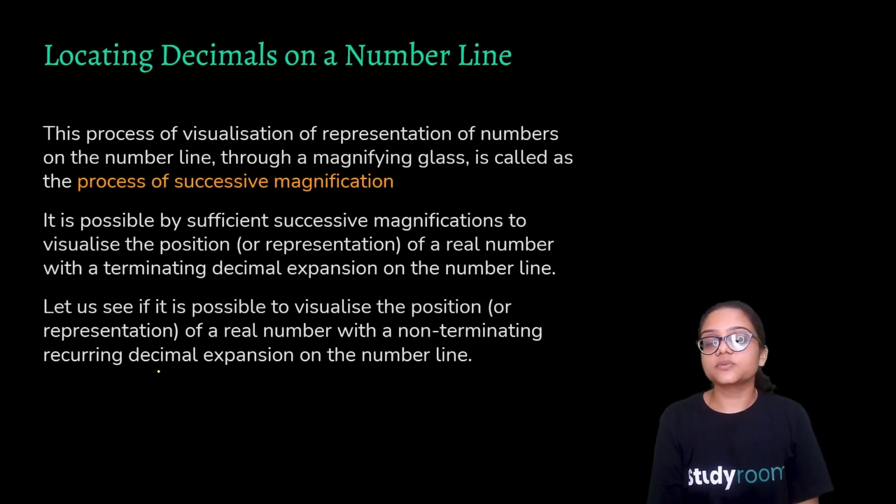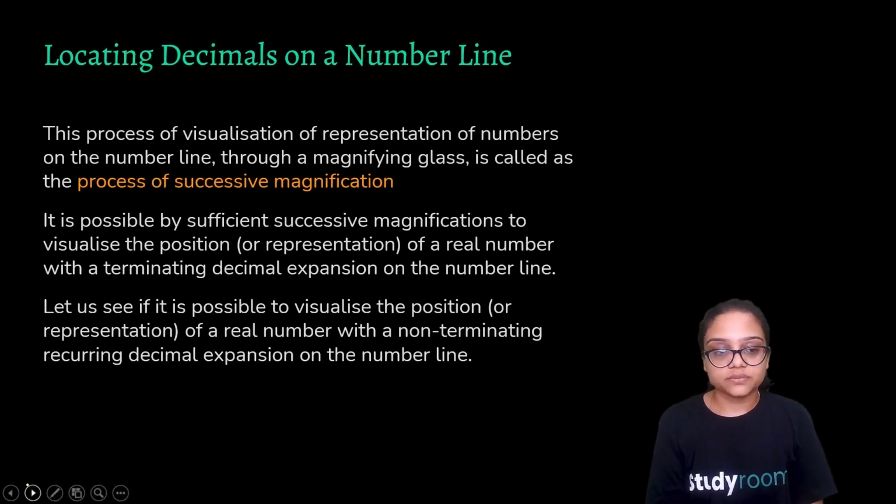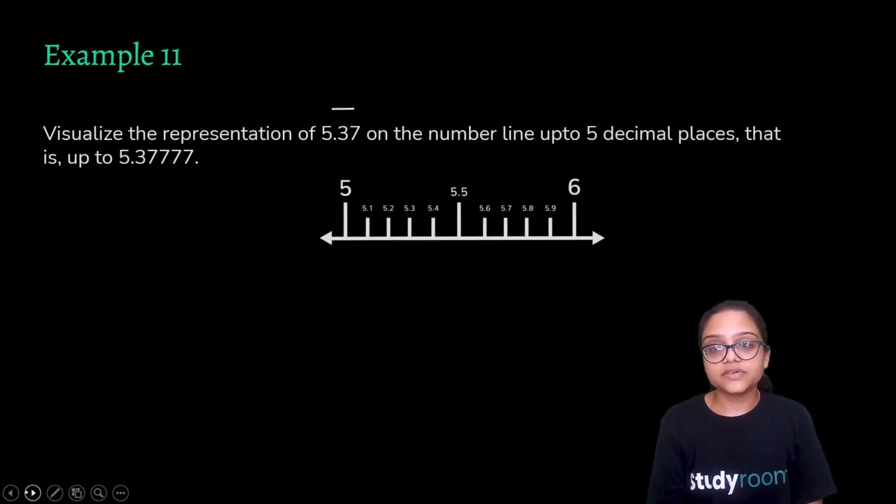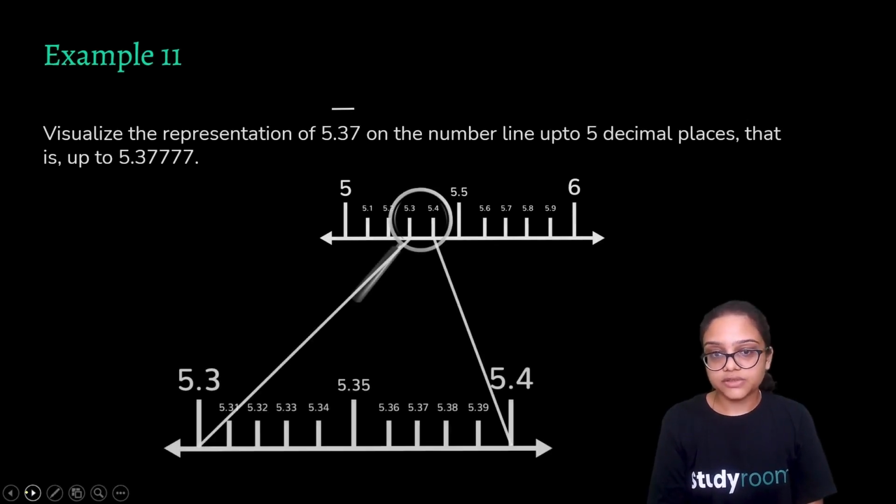So let us see if it's possible to visualize the position of a real number with a non-terminating recurring decimal expansion. So visualize the representation of 5.37 bar. We know that 37 is repeating, right? Up to 5 decimal places, that is 5.37777. Firstly, we would target the 5 to 6 area, and we know that 5.37 is greater than 5.3 but less than 5.4.